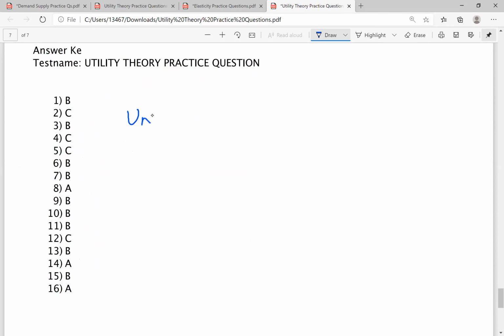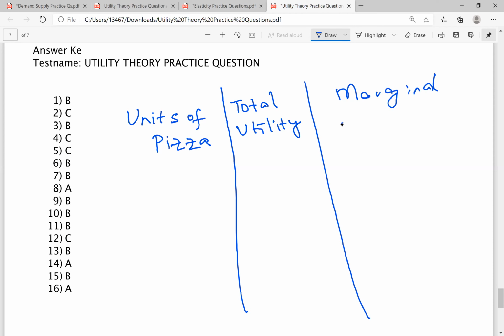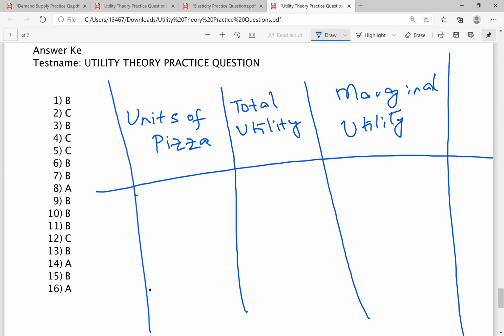Let's say we have units of pizza. This is the good I'm considering. I'm going to look at total utility numbers and also look at the marginal utility numbers. Total utility is basically the happiness.